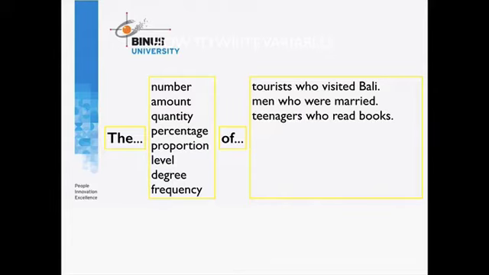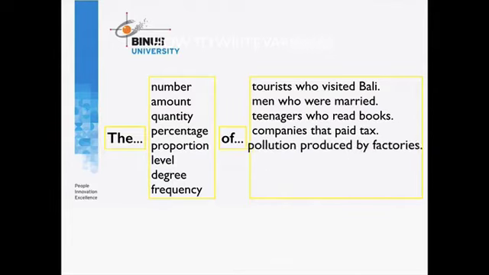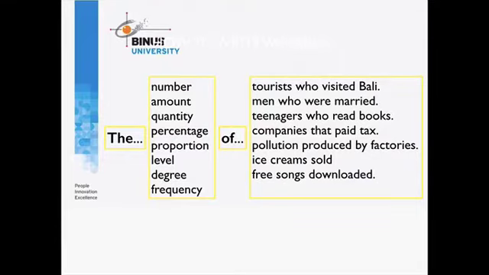Okay, and then after that, as you can see coming up now, we have the actual description part. Okay, so you've got, for example, the percentage of companies that paid tax, the level of pollution produced by factories. Now, at the beginning, you definitely have to write out this variable in full, because it is important that the reader understands what line or what bar or what column you are talking about.